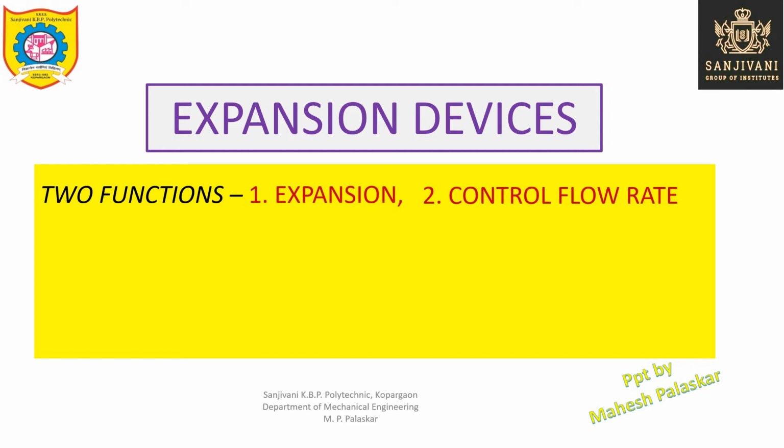So that rate of flow of the refrigerant towards the evaporator from the condenser is also controlled by the expansion device depending upon the requirement, depending upon the load on the system and various similar factors. The flow rate of the refrigerant is controlled by the expansion device. So that is another important function of the expansion device.